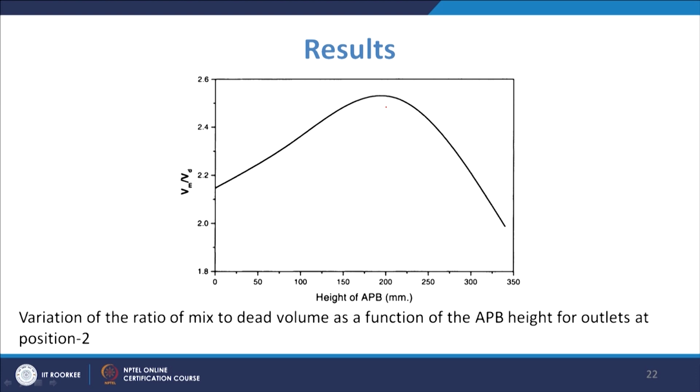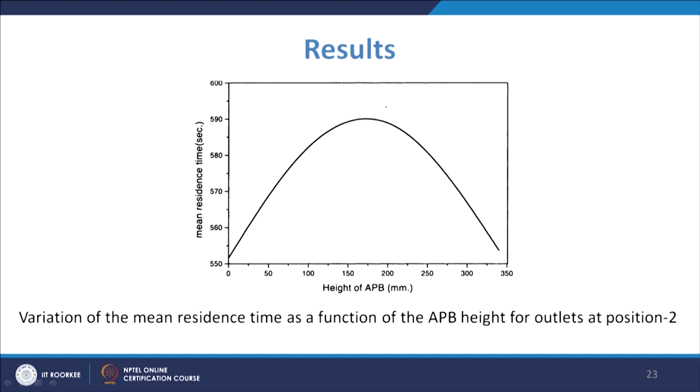Otherwise, if you look at the overall calculation of the mean residence time, it was larger in that case, and the dead volume was smaller. So, you see that for the smaller and for the larger height, the mean residence time was small, whereas it was more for the medium height.